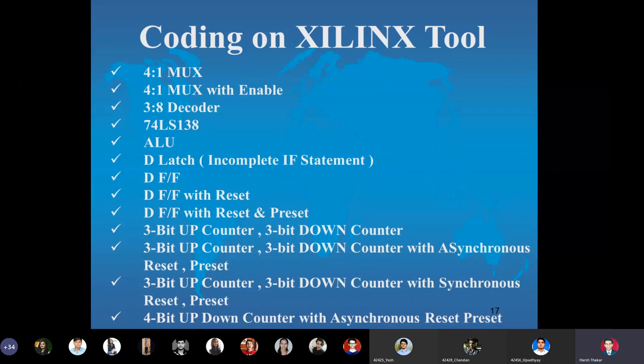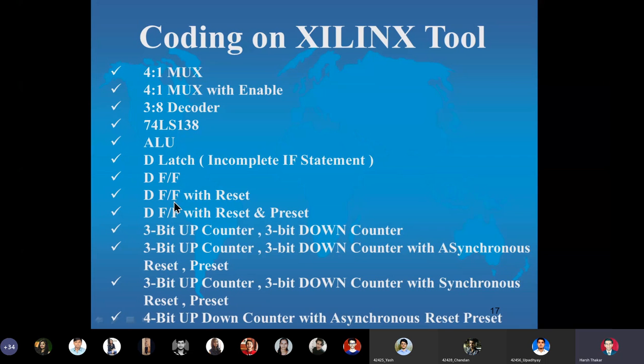But instead of this, if I write if s equal to 0, then y gets I0, end if, I don't define what is to be done for the next possible value of the select line. That is called an incomplete if. Incomplete if statements lead to latches, which are not acceptable because latches introduce unnecessary delay in the circuit, which brings down the maximum operating frequency of the system.